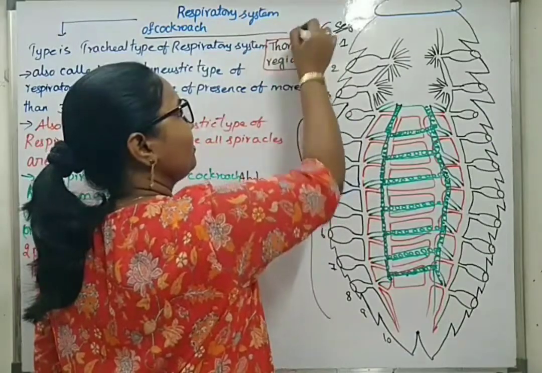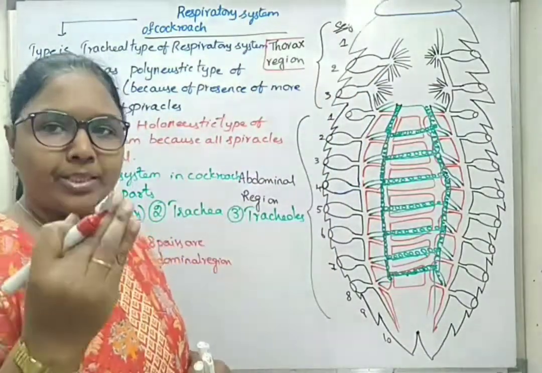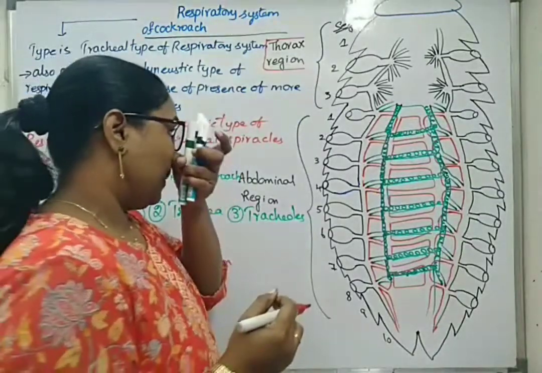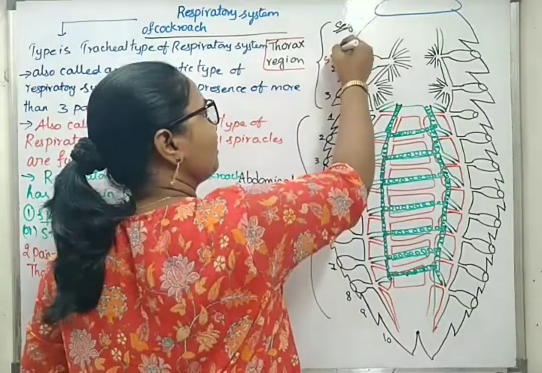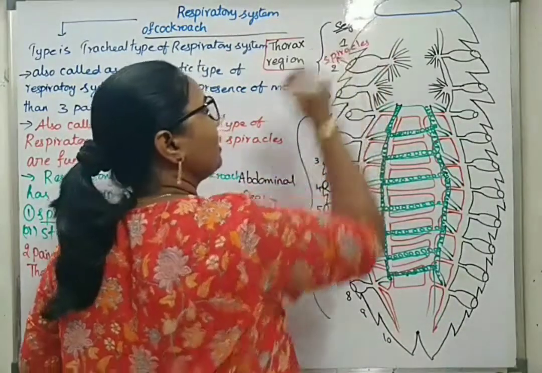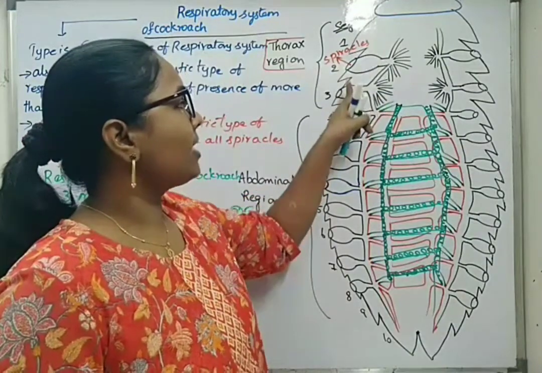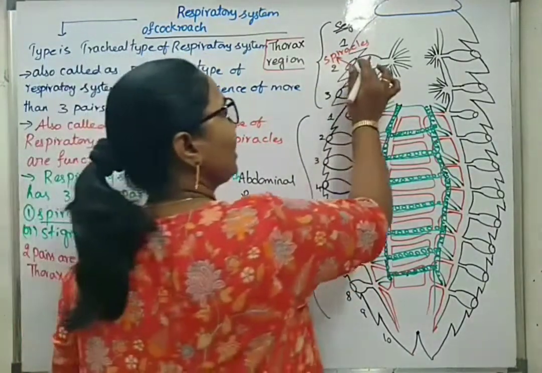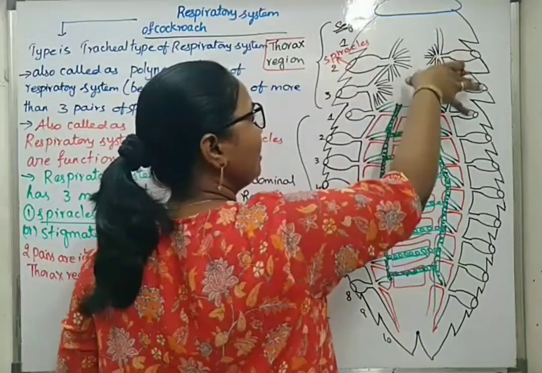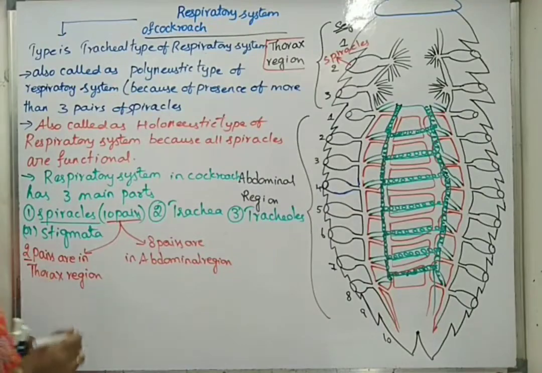In the thorax we have 3 important segments: prothorax, mesothorax, metathorax. The first spiracle is present in the mesothorax, the second spiracle in the metathorax region. So this is one pair, second pair. We have written 2 pairs are present in the thorax region.